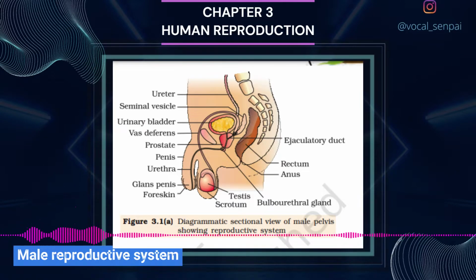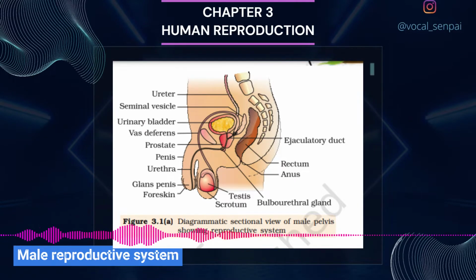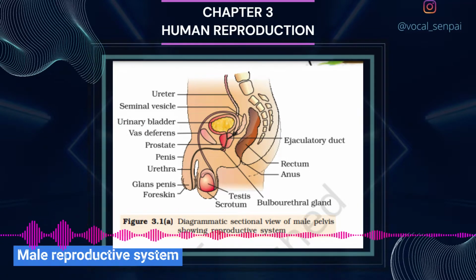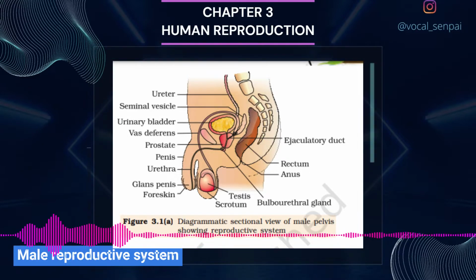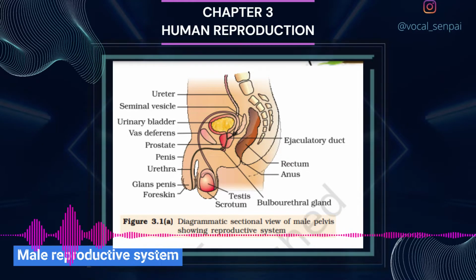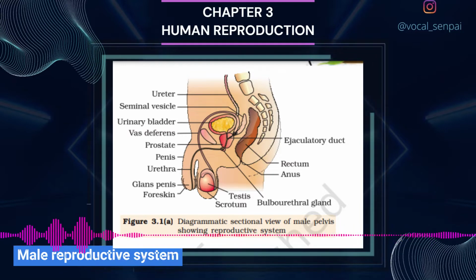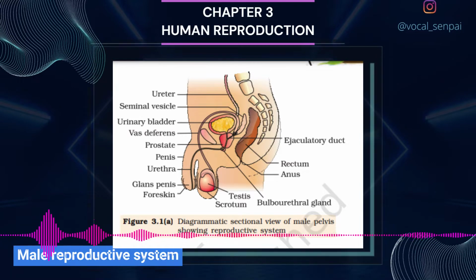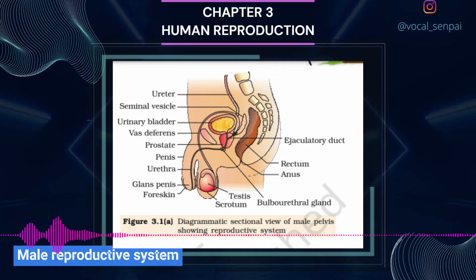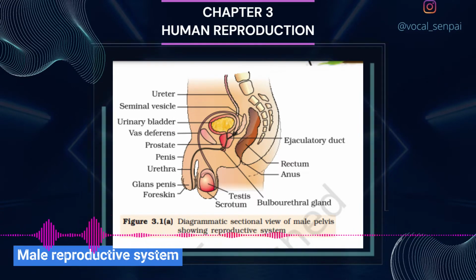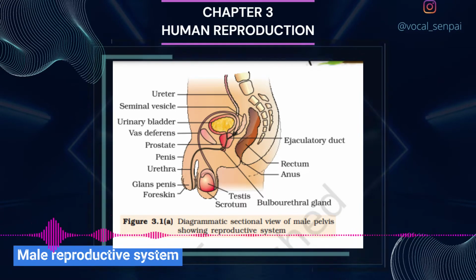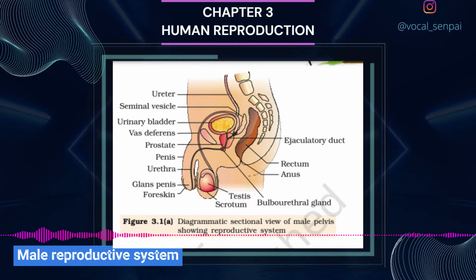The scrotum helps in maintaining the low temperature of the testes, 2°C lower than the normal internal body temperature, necessary for spermatogenesis. In adults, each testis is oval in shape, with a length of about 4 to 5 centimeters and a width of about 2 to 3 centimeters. The testis is covered by a dense covering.